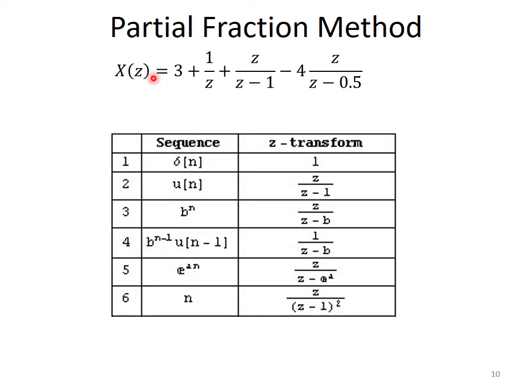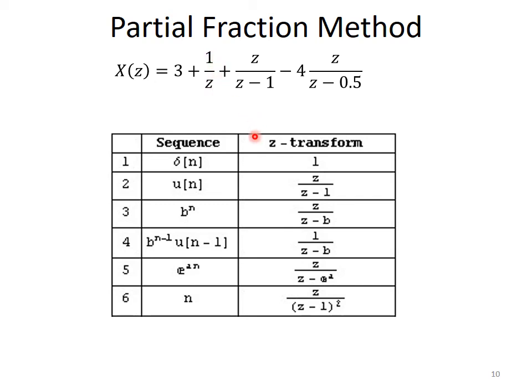So the inverse Z transform of 3 would be 3 multiplied by the impulse. The second term is 1 upon z, or z power minus 1, which is the unit delay. So we can simply write this as an impulse delayed by 1 unit.